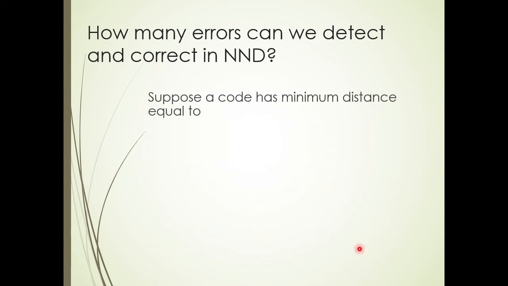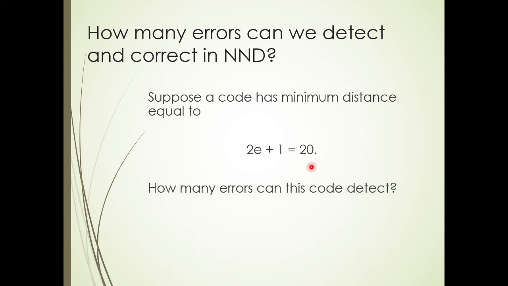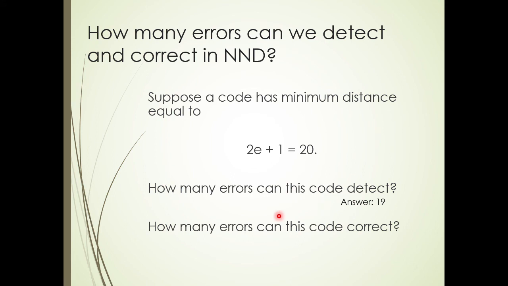Let's try another example. Suppose that the minimum distance is 20. So that's 2e plus 1 equals 20. Now how many errors can this code detect? To know the number of errors this code can detect, we solve for 2e. So in this case, 2e is equal to 19. Now what about the number of errors this code can correct?